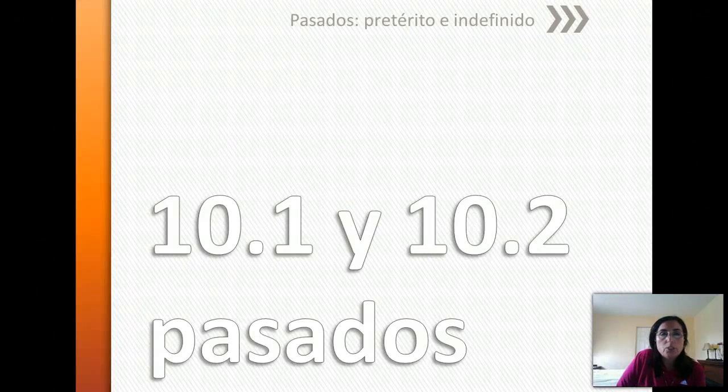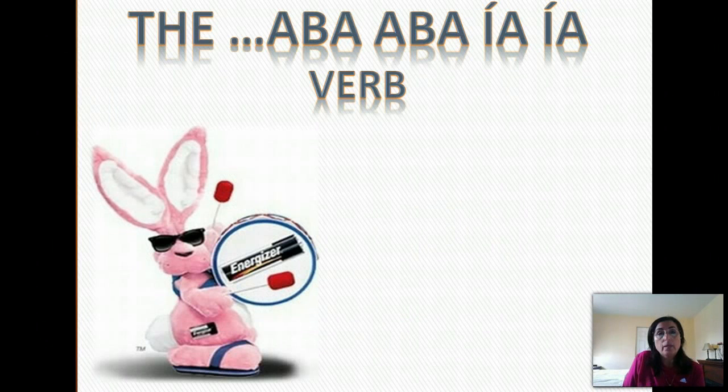We are going to look at sections 10.1 y 10.2, los tiempos pasados, indefinido y pretérito. Muy bien. El verbo indefinido o imperfecto is this verb that I want you to think about as the verbo aba, aba, ia, ia.